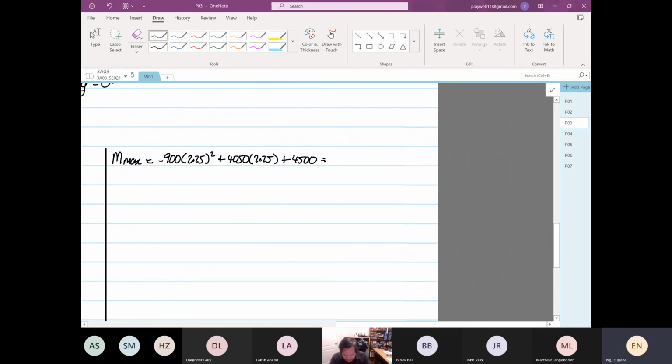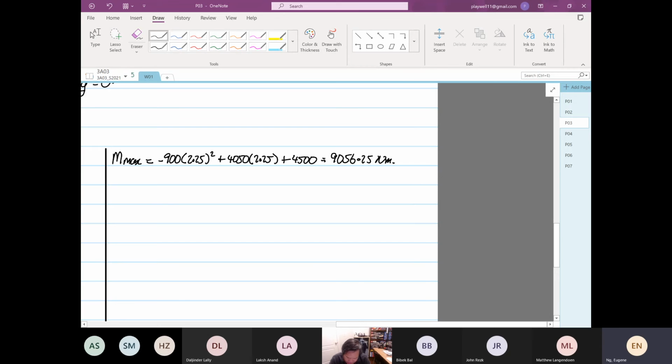So the maximum bending moment: minus 900 times 2.25 squared plus 4050 times 2.25 plus 4500. So I get 9056.25 Newton meter. Okay, let me do it again.